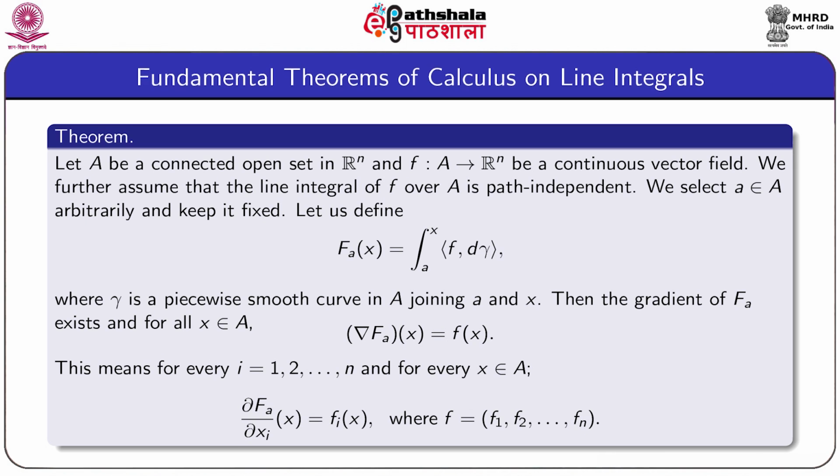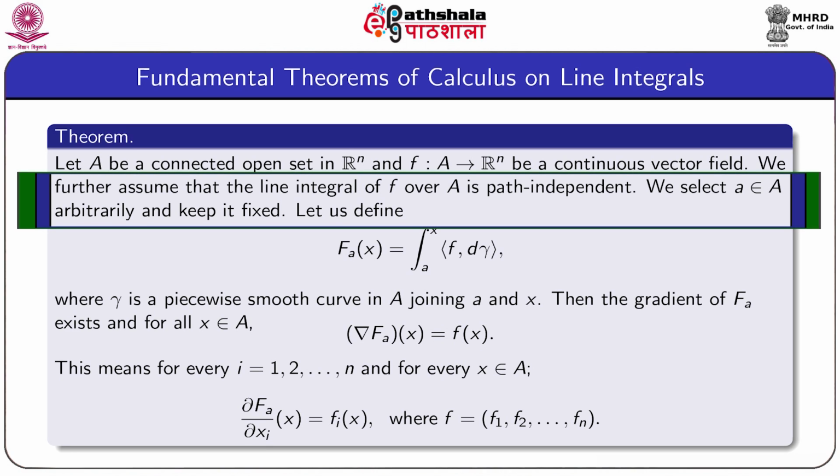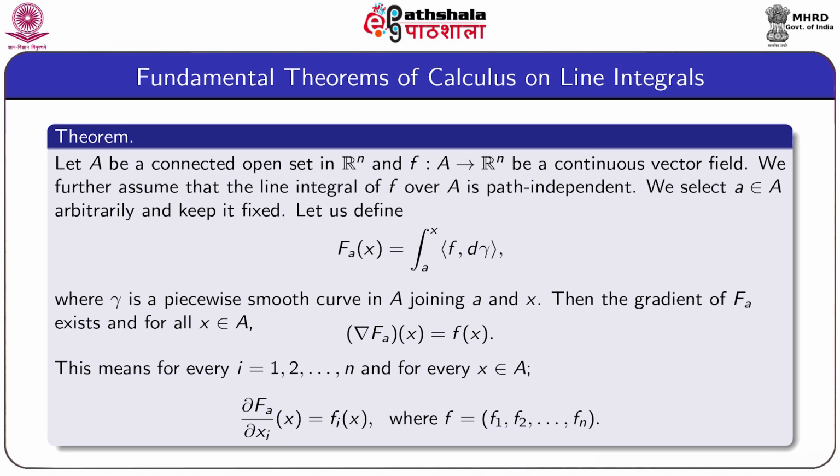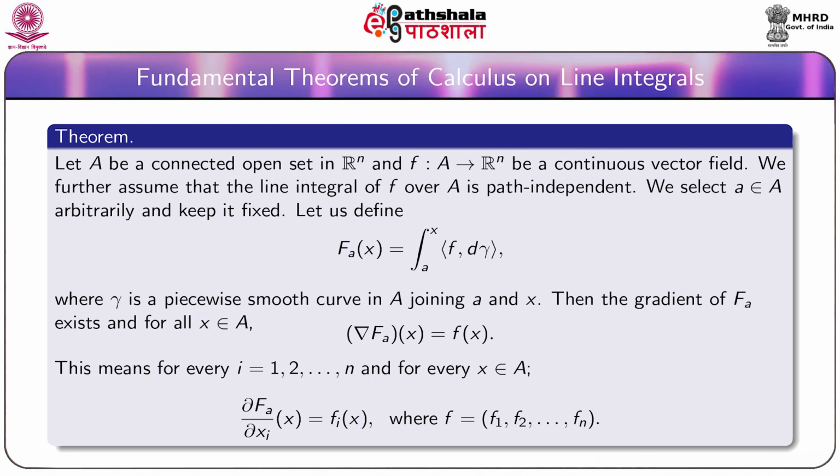Theorem: let capital A be a connected open set in R^n and F from A to R^n be a continuous vector field. We further assume that the line integral of f over the set capital A is path independent. We select small a in A arbitrary and then keep it fixed. We define F_a(x) equals the line integral from a to x of f dγ, where γ is a piecewise smooth curve in the set capital A joining a and x.